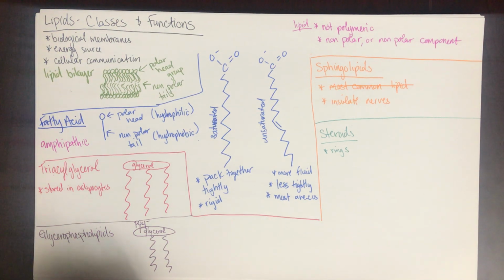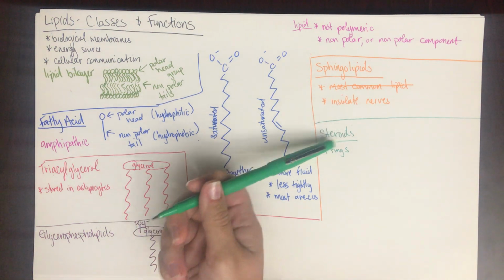On slide number 29 in your lecture, there's a picture of cholesterol. And cholesterol has 4 rings, 3 6-carbon rings and 1 5-carbon ring. And then it has some different functional groups coming off those rings. A lot of hormones are steroids: testosterone, estrogen, progesterone.